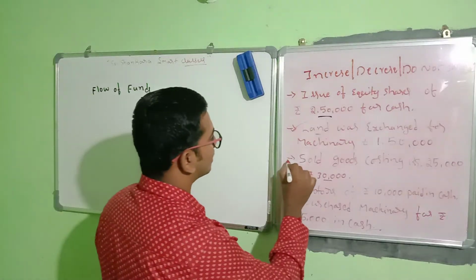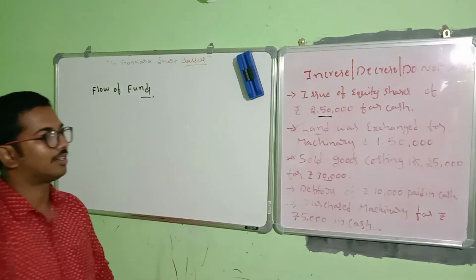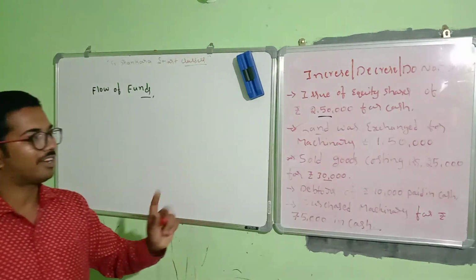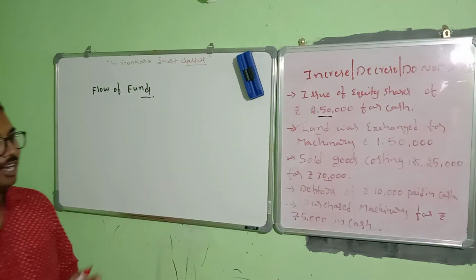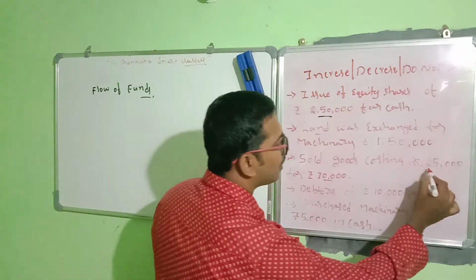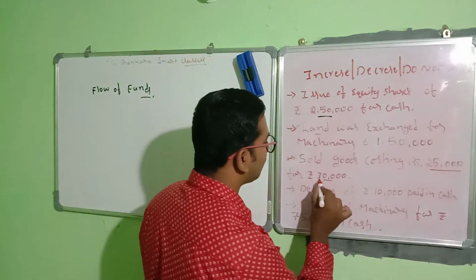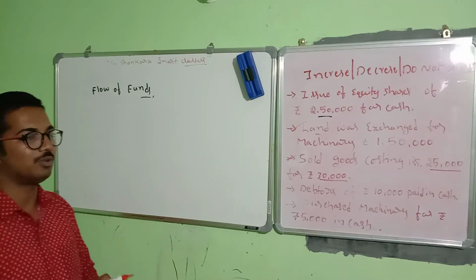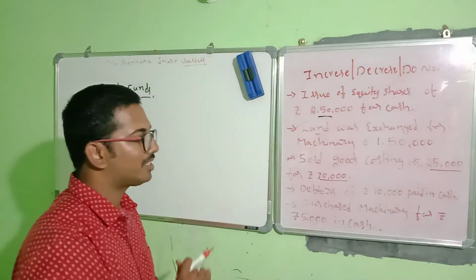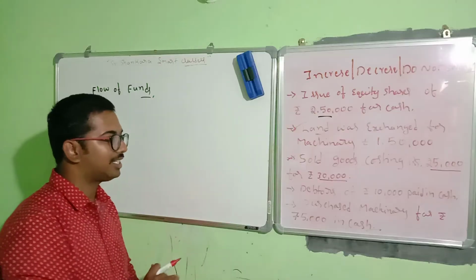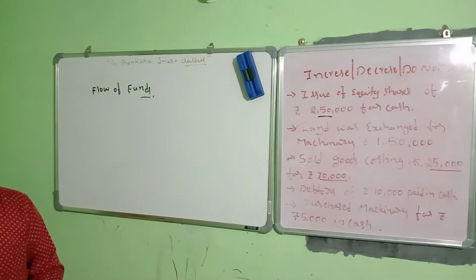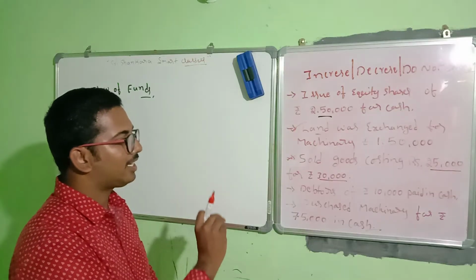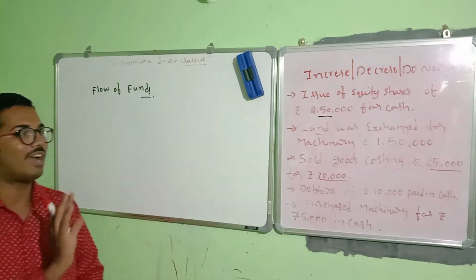Look at the third transaction now. Sold goods costing rupees 25,000 for rupees 30,000. So here we can recognize two accounts. Along with that, when you analyze 25,000 cost of goods sold for 30,000, it generates some revenue. While preparing the fund flow statement, if there are any direct or indirect expenditures or incomes that lead to direct inflow or outflow of funds, we also have to recognize that.